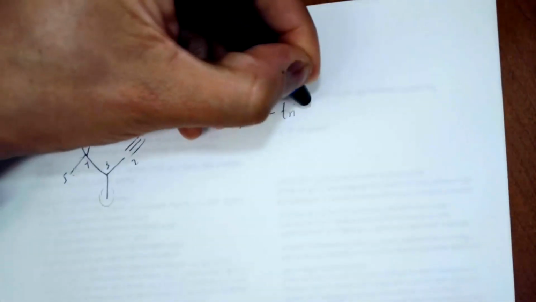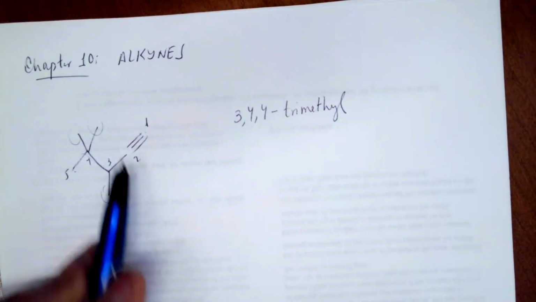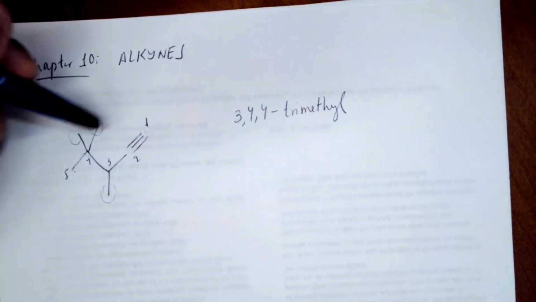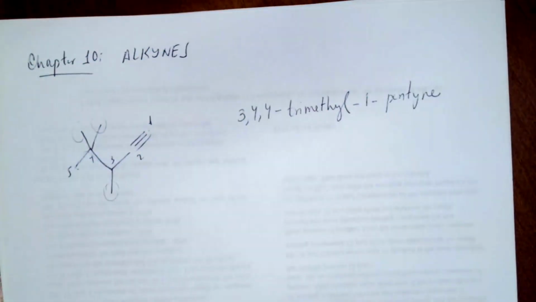Now substituents: methyl, methyl, methyl. That's all I have. So it would be 3,4,4-trimethyl. Okay. Anything else? No, that's it. Then my backbone is going to be called 1-pentyne. That will be the name.